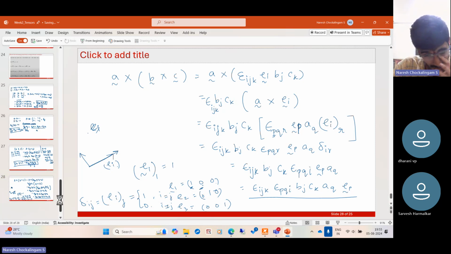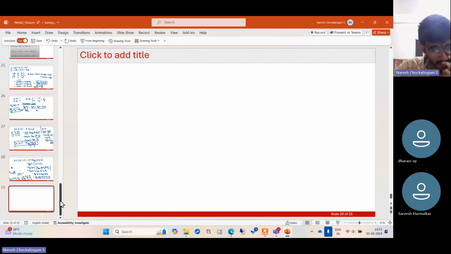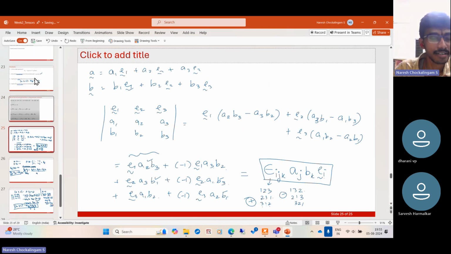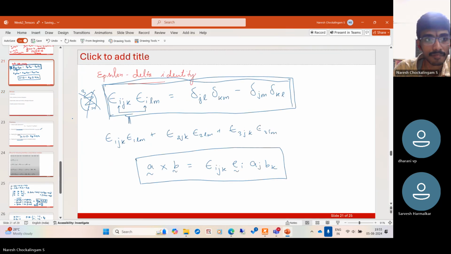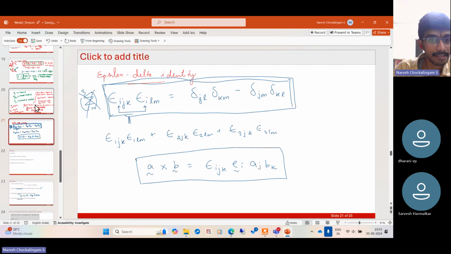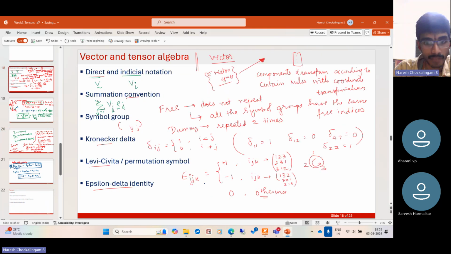Now you remember the definition of the Levi-Civita symbol. Where did I define it? Here, yeah. For all positive permutations, it takes a value 1, and for negative permutations, it takes a value -1.